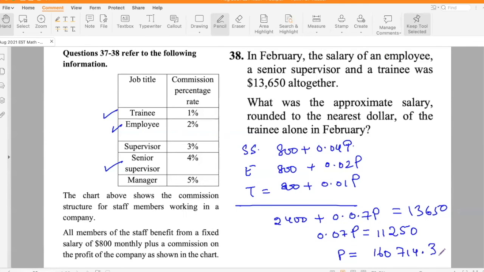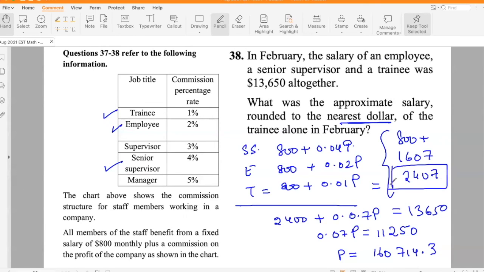Okay. So for the trainee, it would be 800 plus 1% of this, right? So 1% would be 167, because you have to round it to the nearest dollar. So that's 967. So for the trainee, it's 2,407.